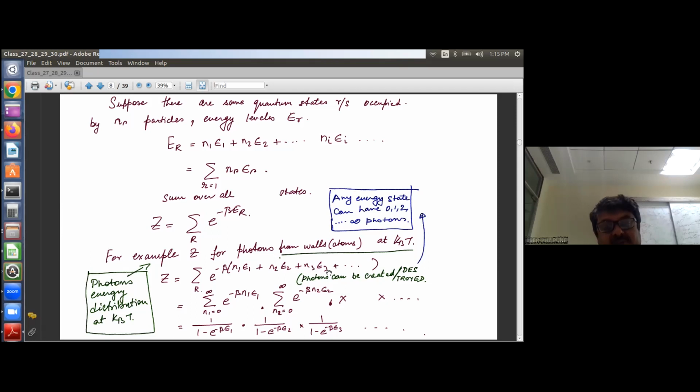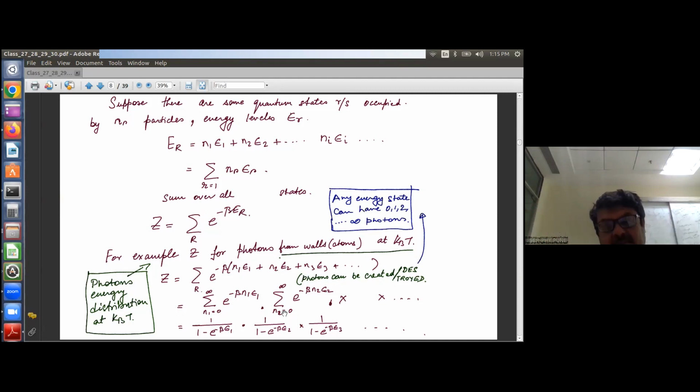And they're not interacting with each other, so you can just split them up into a summation of n1 going from 0 to infinity of e to the minus beta n1 epsilon 1, and likewise if photons can be added at the second energy level. Now, how these photons are being added is not being discussed. We're saying that somehow there is some quantum mechanical process, which was discovered much later, by which these photons were being released.